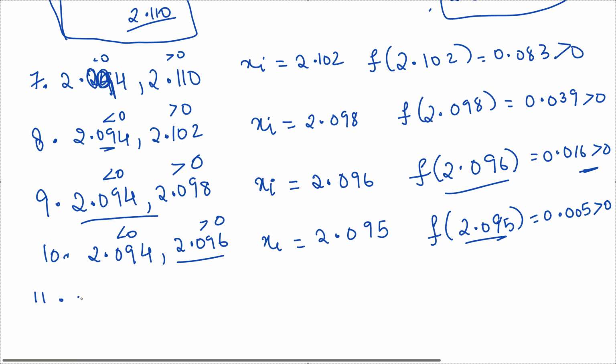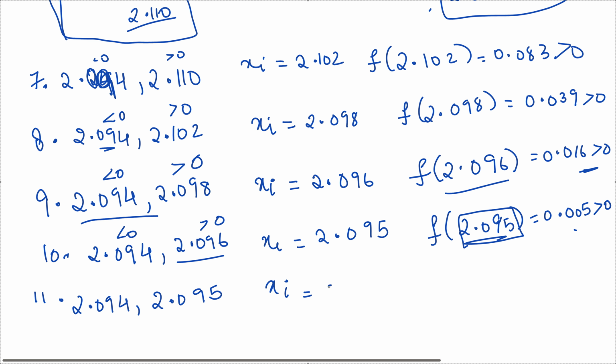Okay, so 2.094 and 2.095. Since we have got this f value as greater than 0, from the previous interval we will take something less than 0. Now what is xi? 2.094 plus 2.095 divided by 2.